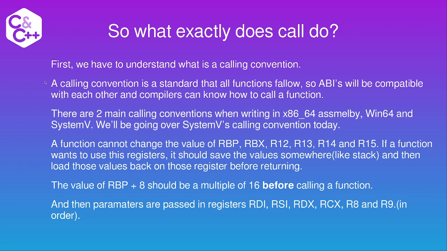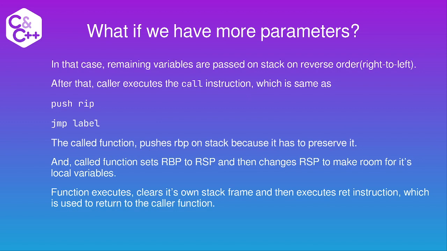And the parameters are passed in registers in this order: first parameter in RDI, second one is RSI, third one is RDX, fourth one is RCX, fifth one is R8, and sixth one is R9. We pass them in this order. But what if we have more parameters? In that case, the remaining parameters are passed on the stack in reverse order. What does reverse order mean?